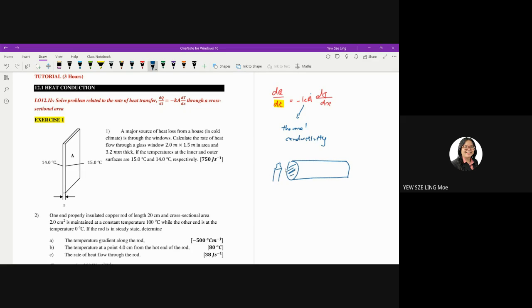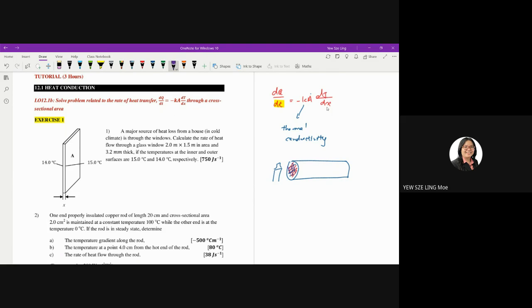Therefore, this is the surface area that we're going to use in our calculations. So remember, A is the cross-sectional area of the surface that has direct contact with the source of heat. It is not the total surface area. That is a very common mistake in exams, where students tend to calculate the total surface area of the object, which is wrong. Cross-sectional area just refers to this area.